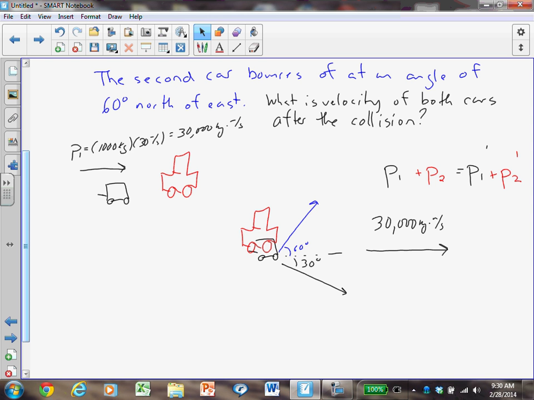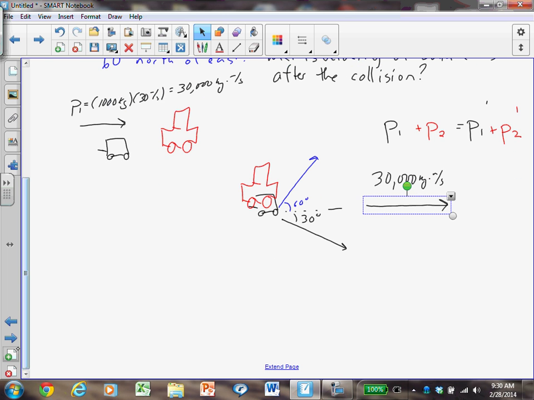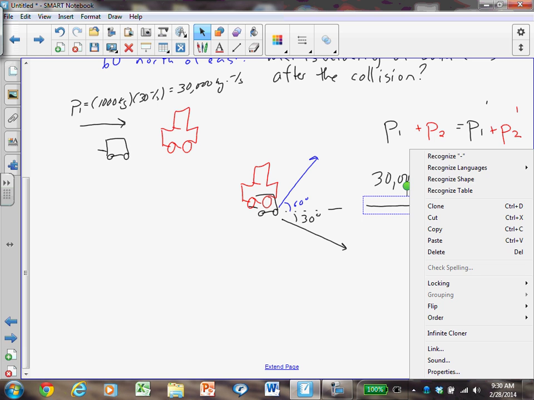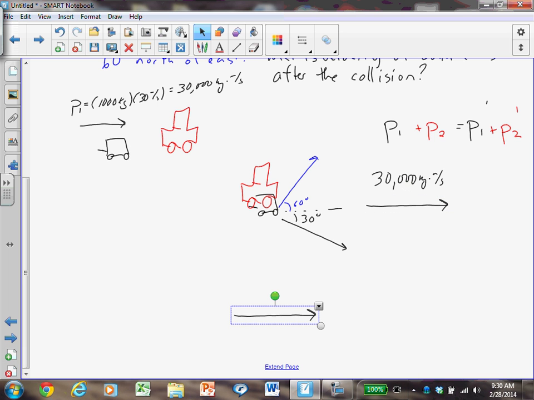It has to be 30,000. It has to be the same, right? So that's the key to the problem, because it has to equal that after. So you have to get 30,000.